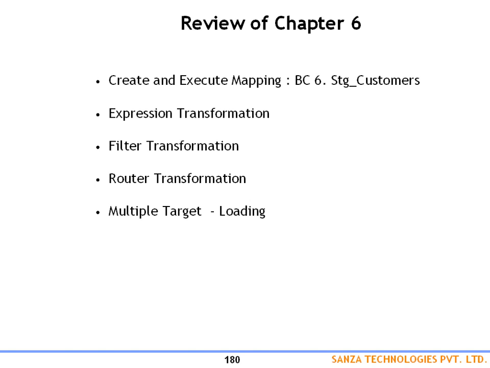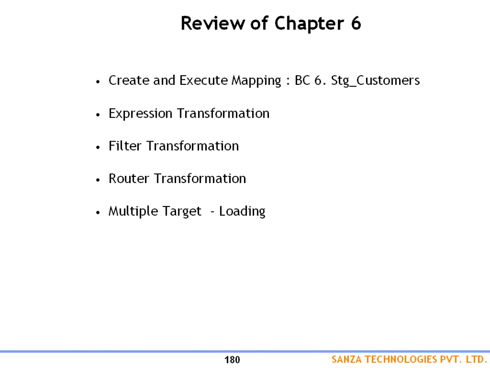The router transformation is also used to load data into multiple targets. It has two kinds of groups, input group and output group. The input group is the data coming into the router transformation, and the output group is the data going out. The output group is again divided into user-defined groups and the default group. User-defined groups are the group conditions, or filter conditions, which you specify.